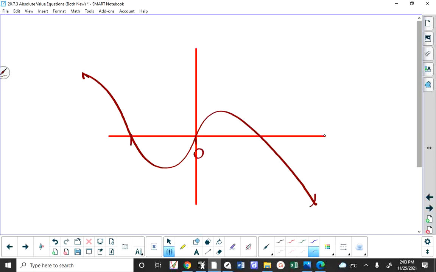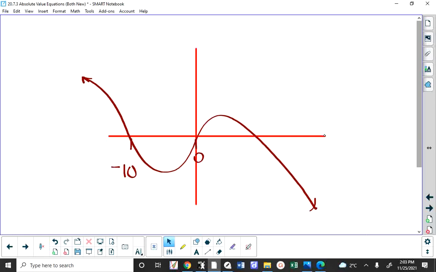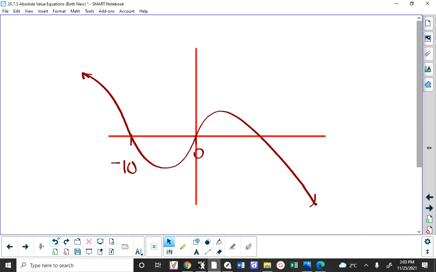Let's say it crosses the x-axis here at x equals -10, and it crosses the x-axis here at x equals +9. And this is y equals f of x.